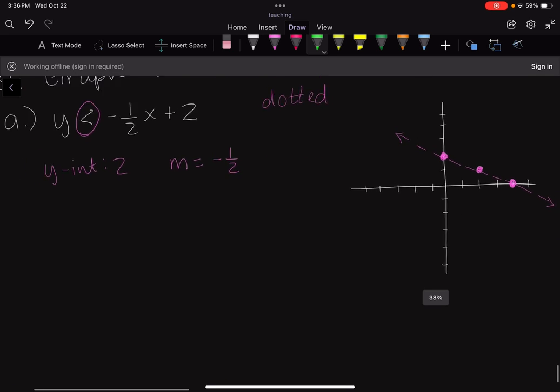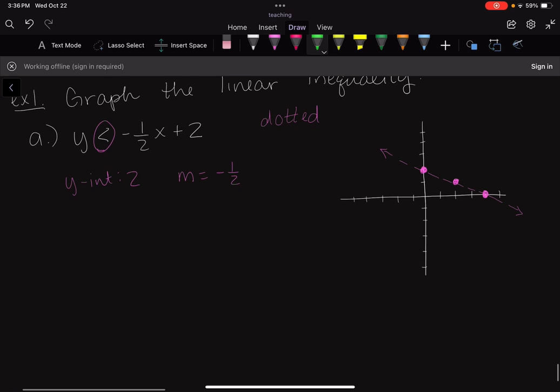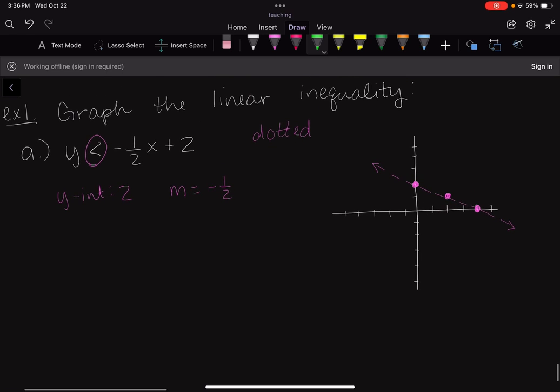So first, I'm going to pick a point that is underneath the line. In this case, let's just do 0, 0. So we're going to test the point 0, 0 in the original inequality.